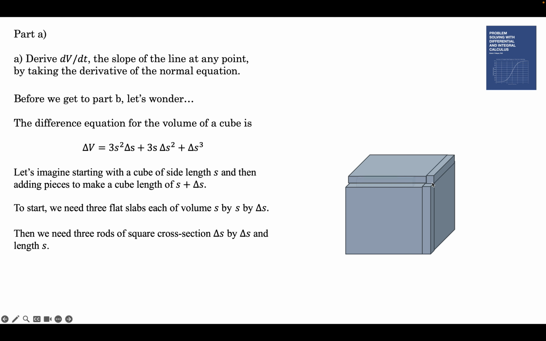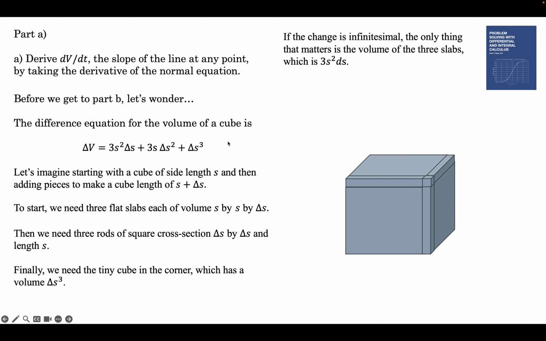So let's put these 3 rods in, and there is the 3S delta S squared. Now we have this little cube in the corner we need, and that cube is delta S by delta S by delta S. It's got a volume of delta S cubed. Let's put that there, and there is a cube with side length S plus delta S, and that's exactly where the difference equation comes from, each of those 3 terms.